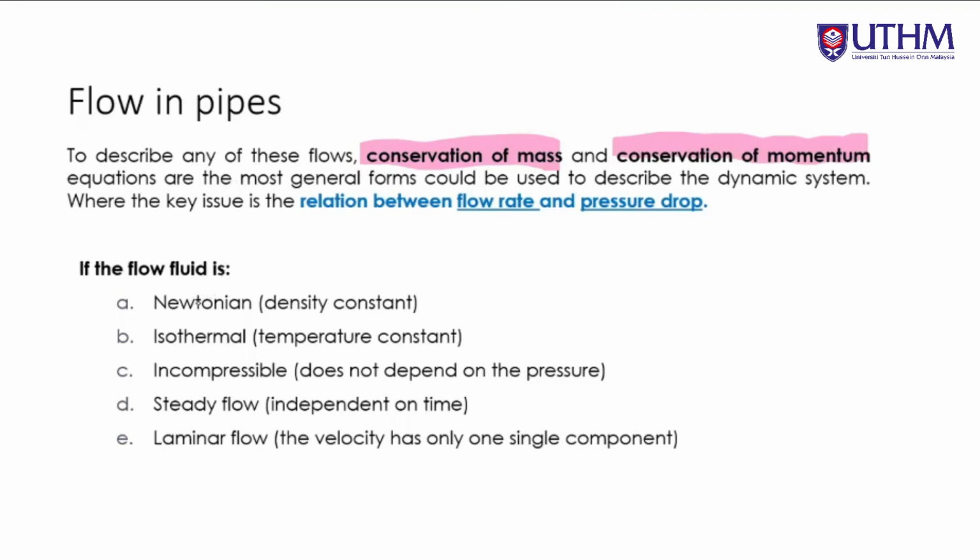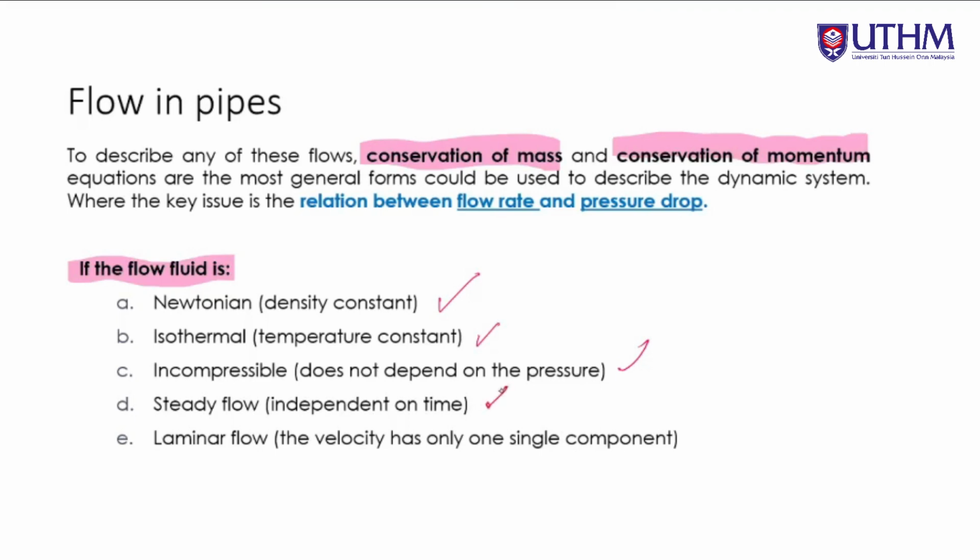Okay, so if let's say kita nak buat analysis of flow in pipes, these are the important key point that we should take note. Okay, kita kena tahu the fluid flow must be a Newtonian, in which the fluid must be constant in density, and it must be isothermal as well, in which the temperature would be constant, and then it must also be incompressible, means that it does not depend on pressure, it is independent of pressure differences.